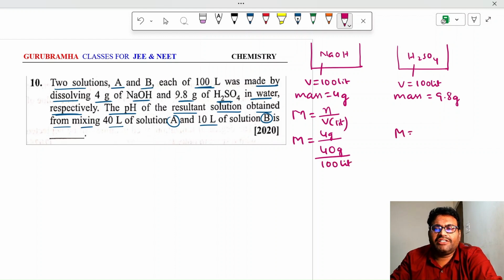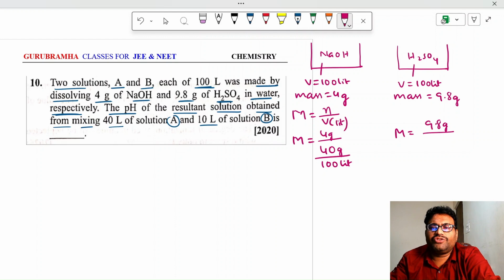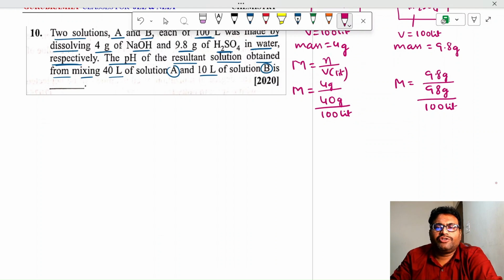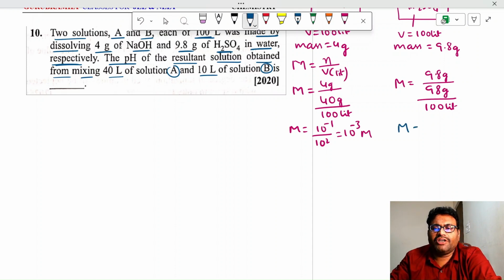Here, 9.8 grams by the molecular weight of H2SO4, 98 grams, by again 100 liters. So molarity of NaOH is 4 by 40, 10 power minus 1 by 10 power 2, that is equal to 10 power minus 3 molar. Here molarity of H2SO4 is again 9.8 by 98, which gives 10 power minus 1 by 10 power 2, that is equal to 10 power minus 3 molar.